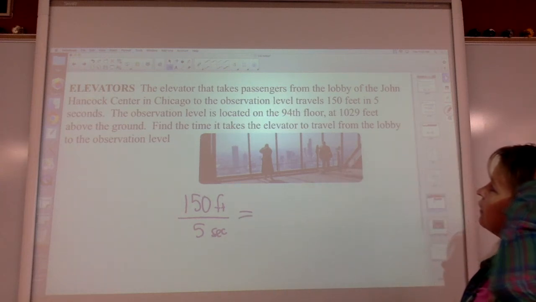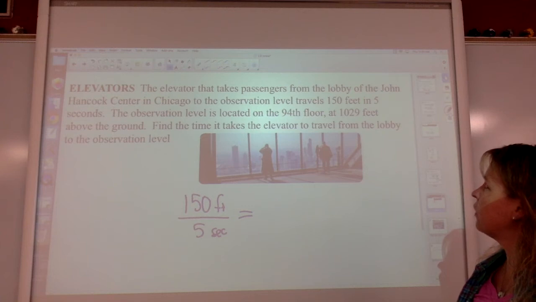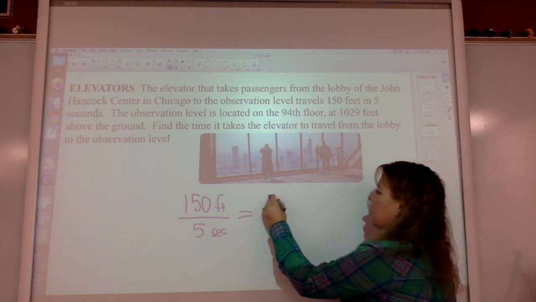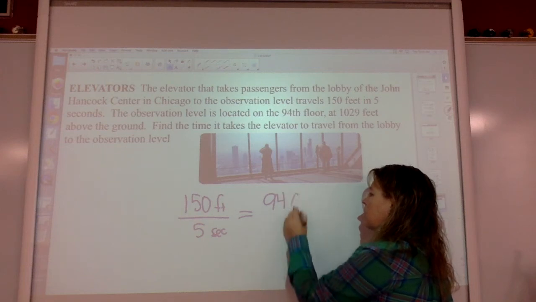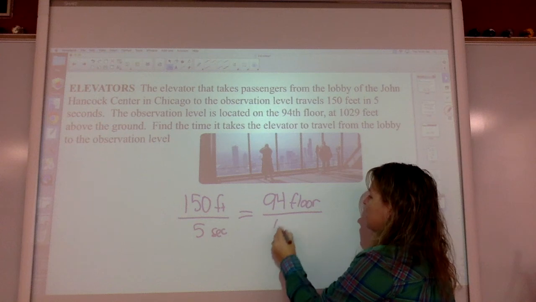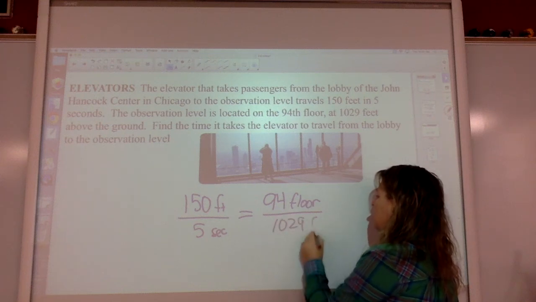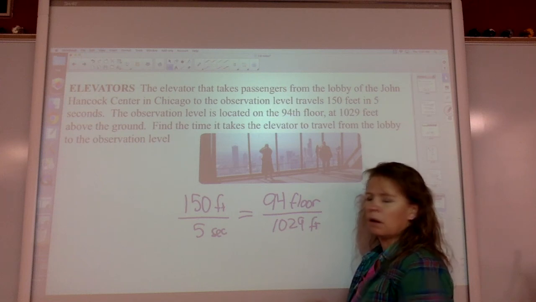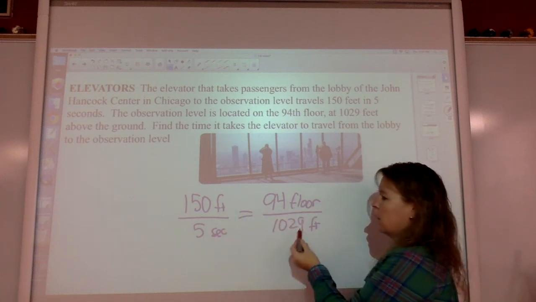The observation level is located on the 94th floor at 1029 feet above the ground. Careful, don't do this. 94th floor at 1029 feet. How is that even related? Don't you dare put an equal sign in between there. Feet, seconds, floor, feet.